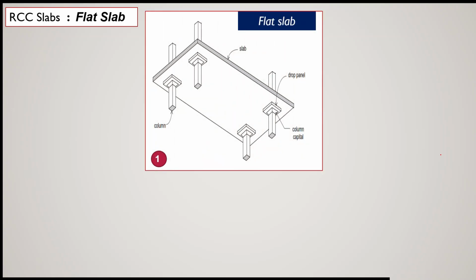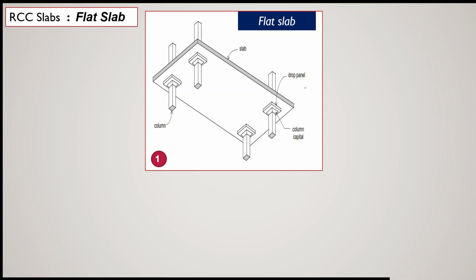In this figure number 1, you can see a view of a flat slab. This flat slab is supported directly on columns. Here 4 columns are shown. No beam is there. So again I am repeating, a flat slab is basically a beamless slab.